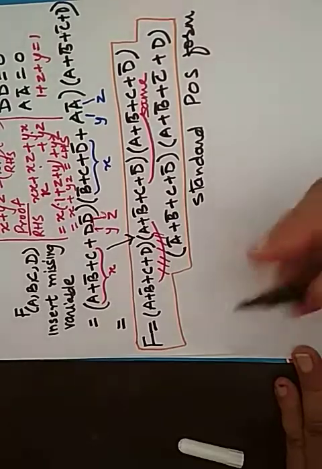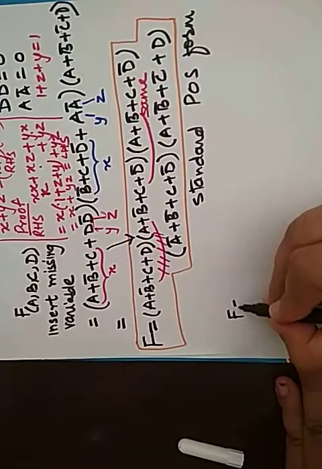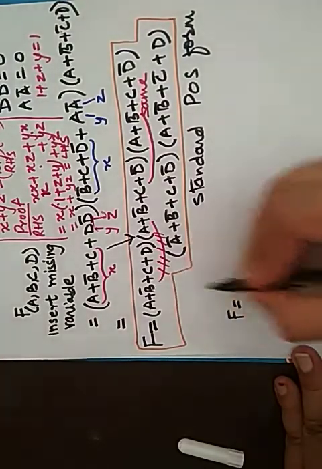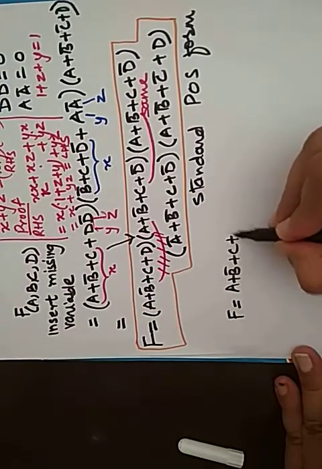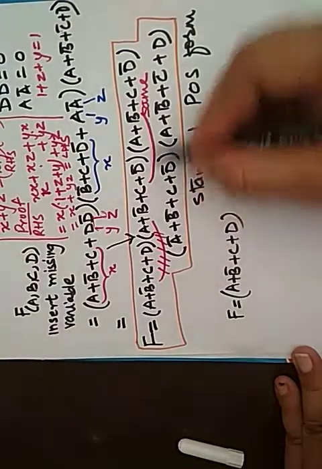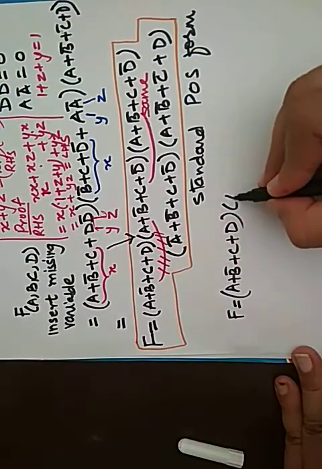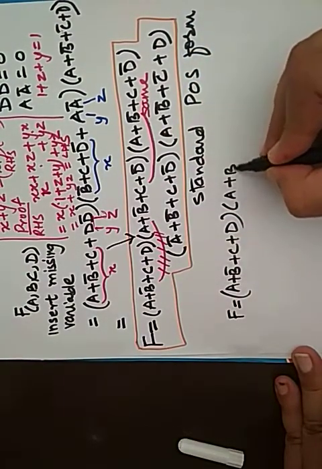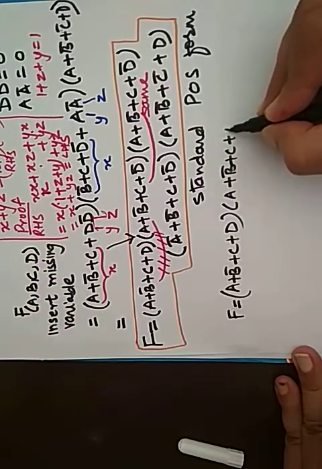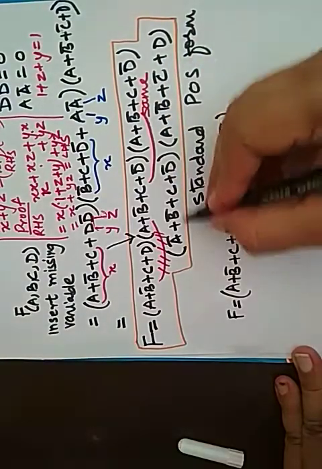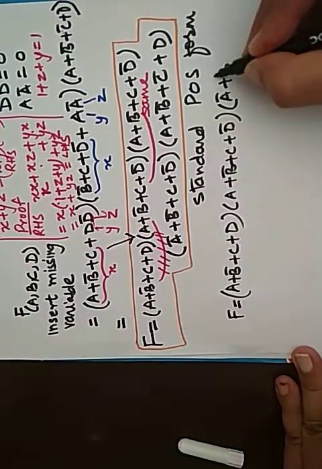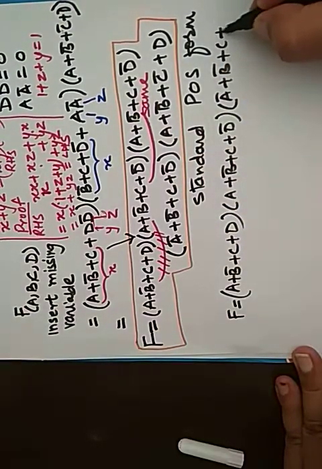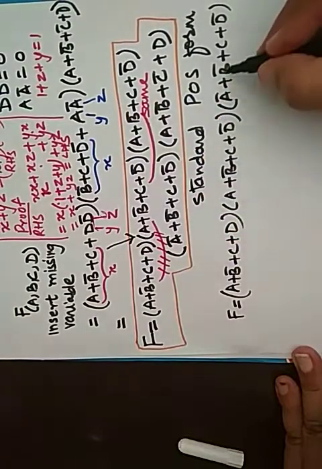So applying that, this f can now be reduced to the first term, a plus b bar plus c plus d. These two terms can be written only one time, a plus b bar plus c plus d bar. And the next term, a bar plus b bar plus c plus d bar. This term I have copied.